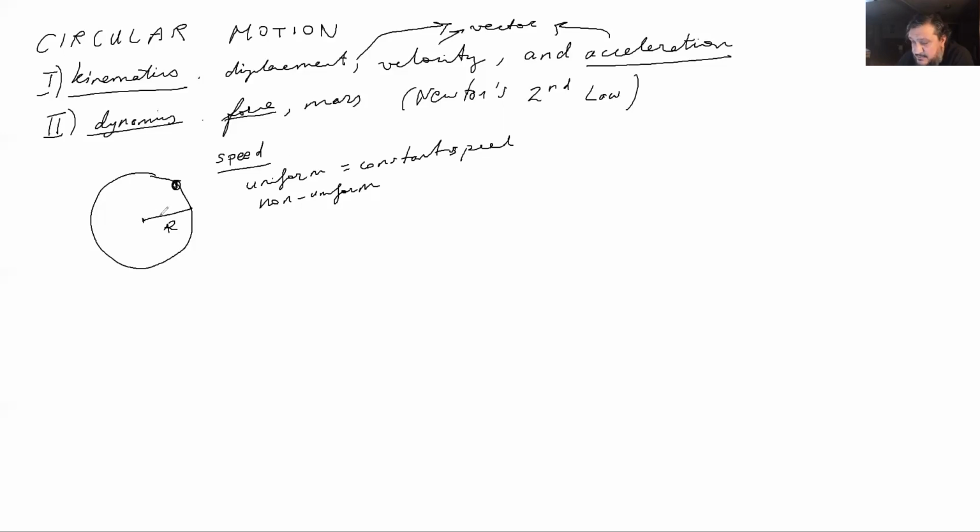So it's an elliptical motion. It's close to a circle, but not exactly a circle. So if I exaggerate the orbit of Earth around the sun, it's an ellipse. And when the Earth goes around the sun in an ellipse, it slows down and speeds up, all right? So that's non-uniform.